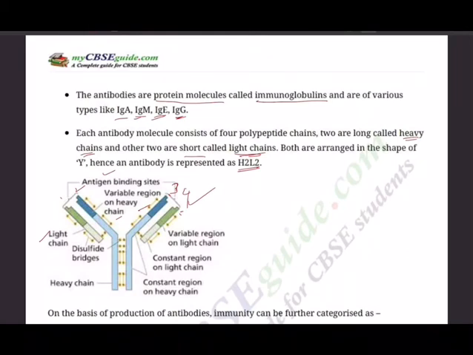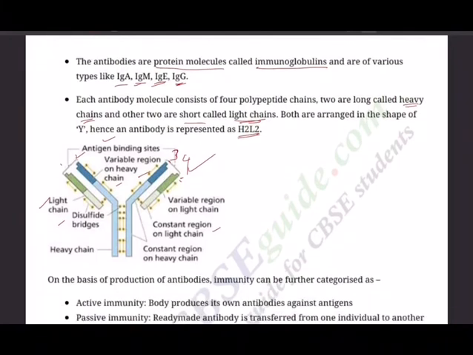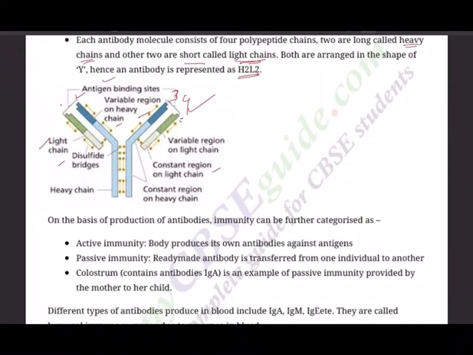So there is variable region and constant region on both the chains. And then these immunoglobulins are having disulfide bridges, sulfur bridges will be there. So basically an antibody, remember, should have H2L2.